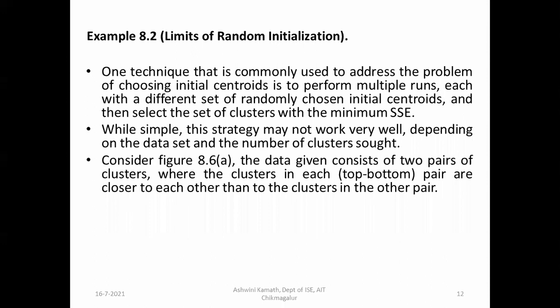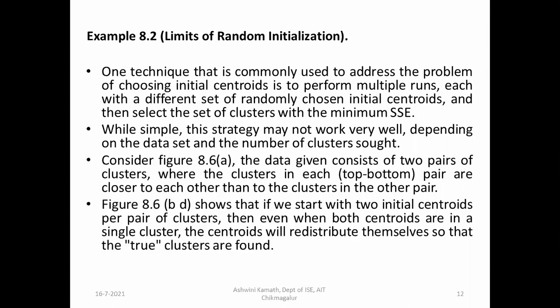Consider figure 8.6a, in the next slide. The data consists of two pairs of clusters, where the clusters in each top-bottom pair are closer to each other than to the clusters in the other pair. Top and bottom clusters are closer to each other.